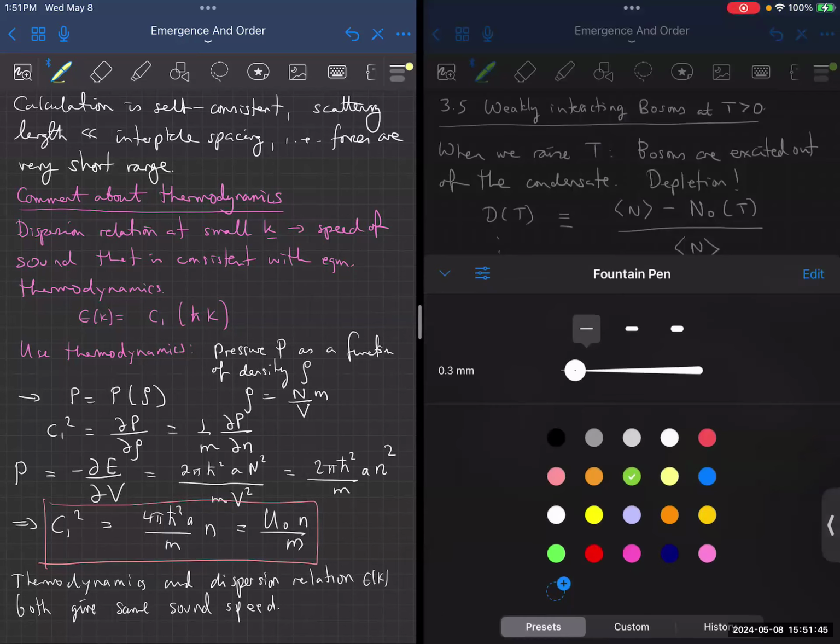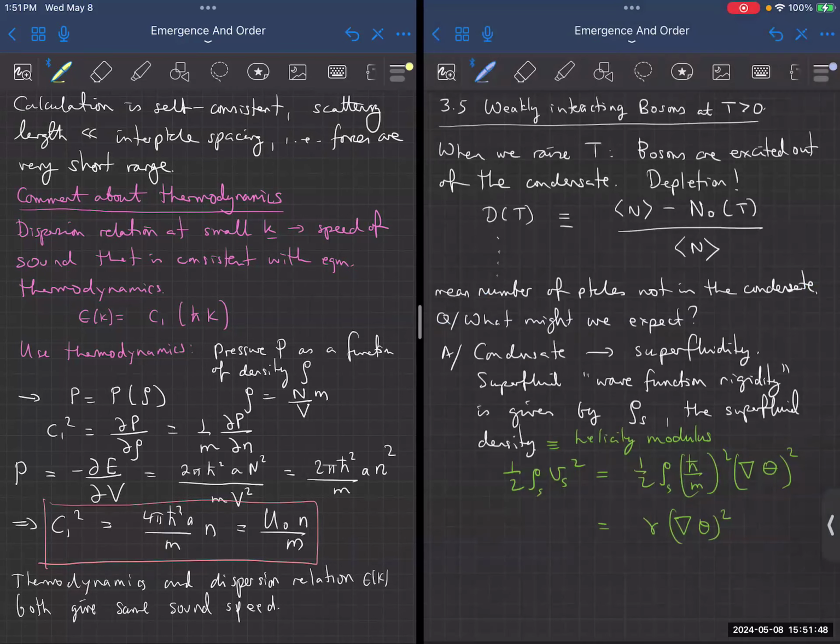So if that's the case, then the number of particles in the ground state divided by the total number of particles should be equal to the density of the condensate of the superfluid state, rho s, divided by the total density of the system. So that's what we would expect.